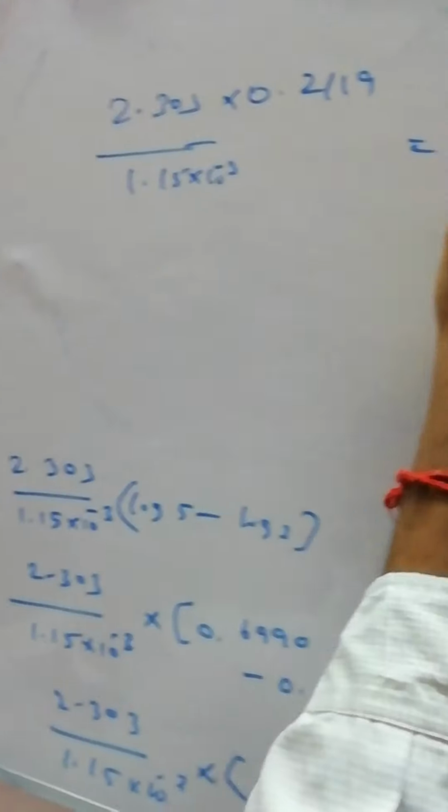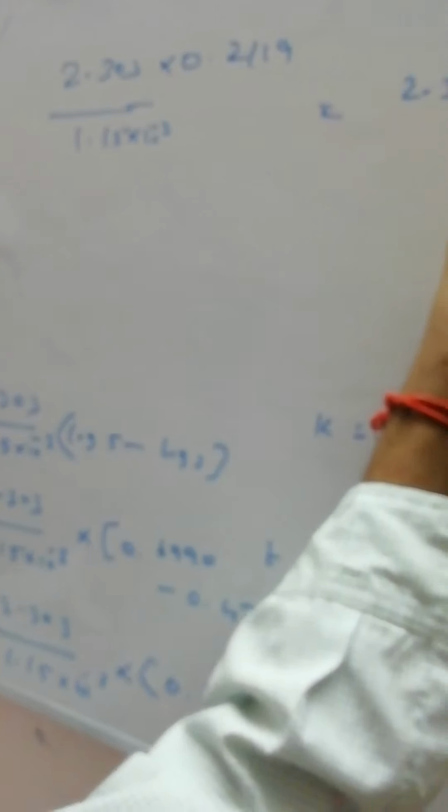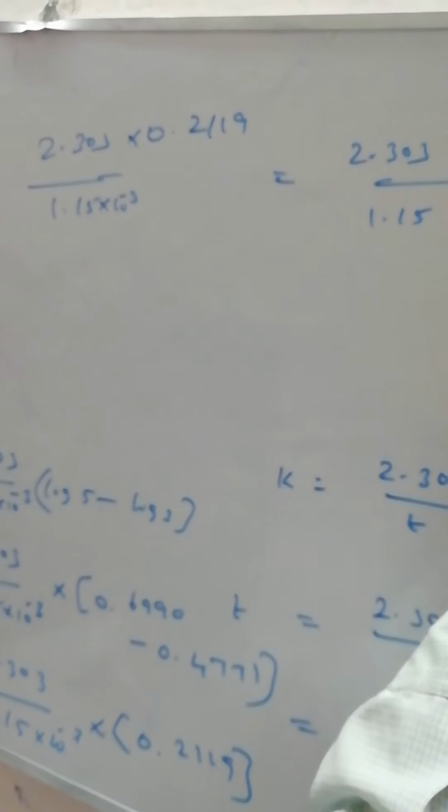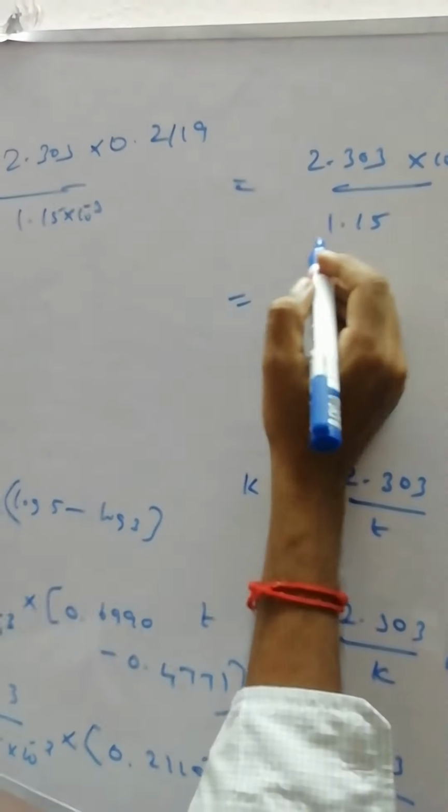So the 10 to the power minus 3 goes upstairs, 2.303 into 10 to the power 3 by 1.15 into 0.2219, where 10 to the power 3 means 1000.